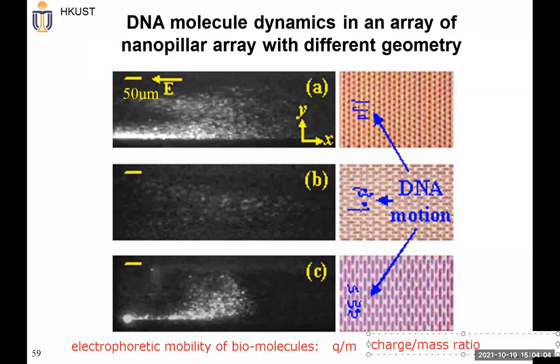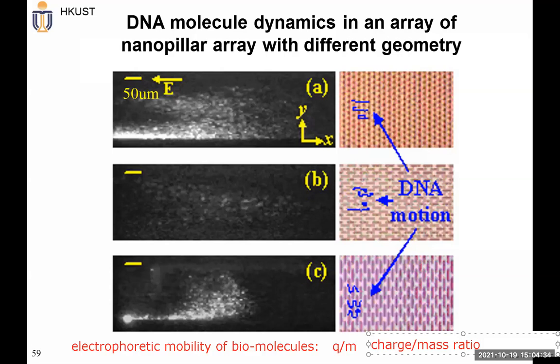A large DNA molecule has a different charge-mass ratio compared with a small DNA molecule. So once you have a micro channel or glass capillary, we apply the voltage, and then large DNA and small DNA have different velocities, so in this case we can do separation.